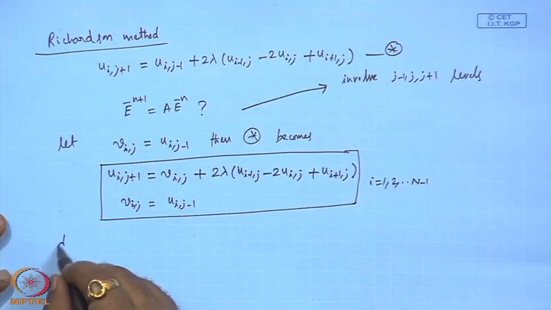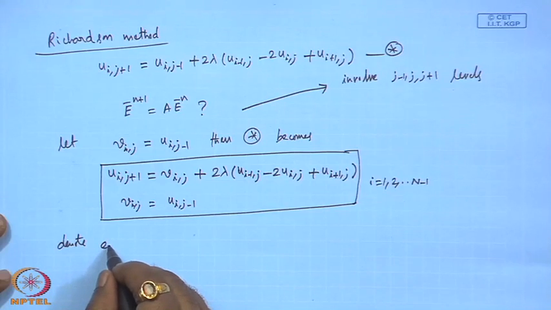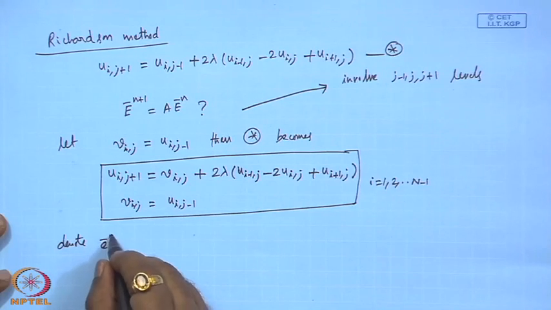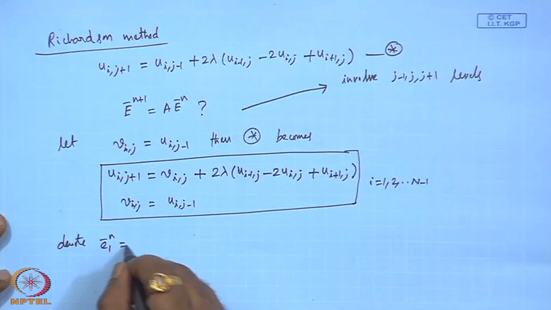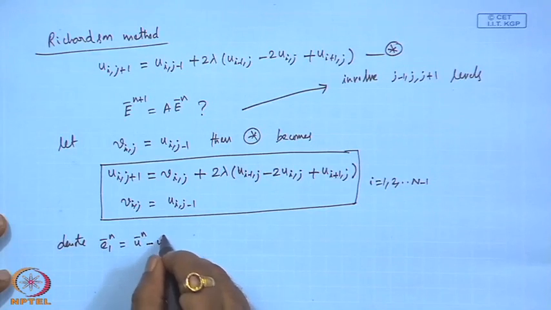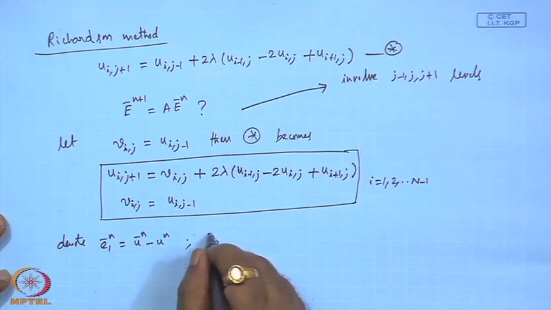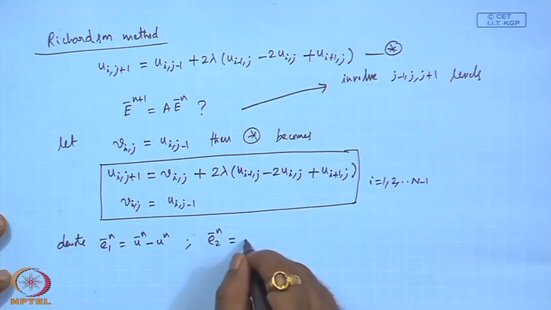So, denote in the usual way E1 n, the error vector corresponding to u's, then the error vector corresponding to v.